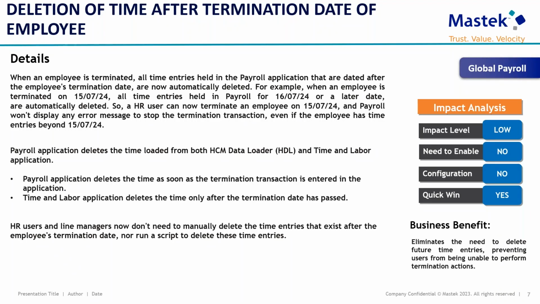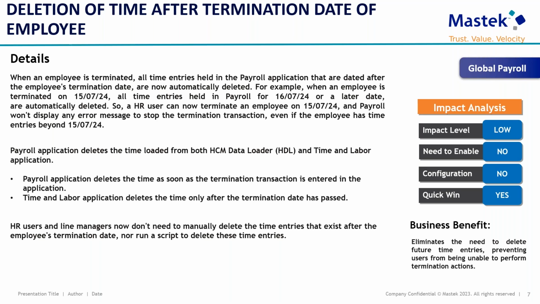So before 24C, we have seen that in time and labor or any of the claims that were available in the system, even after the employee's termination, the entries were still there and all payroll managers have to manually delete those entries. But based on this particular feature from coming releases, those entries will be automatically deleted.